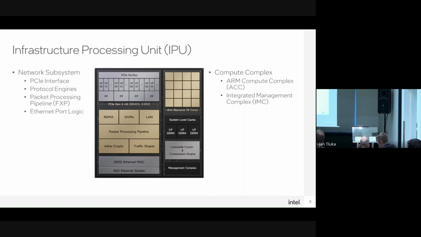It is quite similar to the BMC in host board management, but it is more specialized for IPU device management. For example, power on reset, clock and power control of the device itself, it does the network subsystem initialization. As part of this initialization, it does PCI initialization and resource management in IPU FXP.